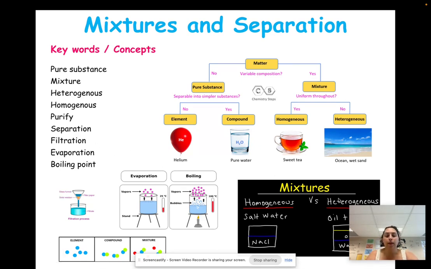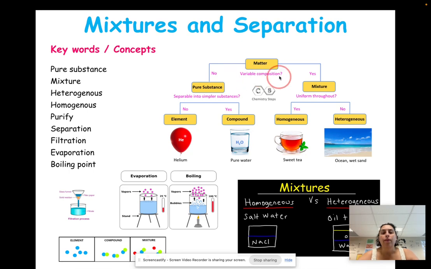A couple of things on this particular slide: we've got our chart of matter. If you start with matter, you need to look at, is it all the same substance or not? That's what they mean by variable composition here.